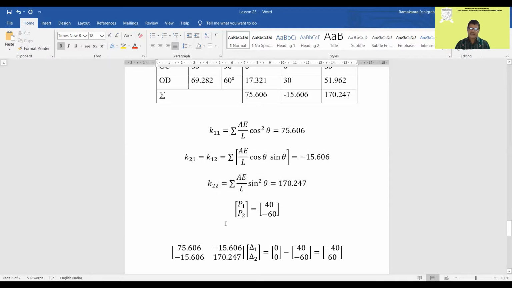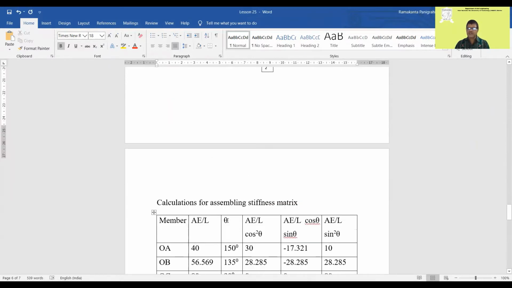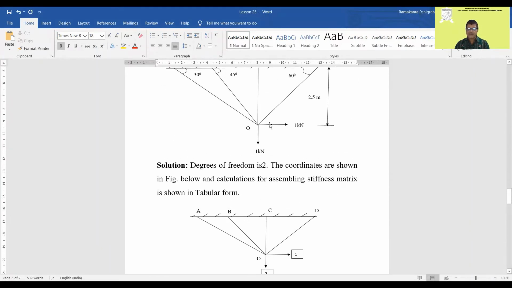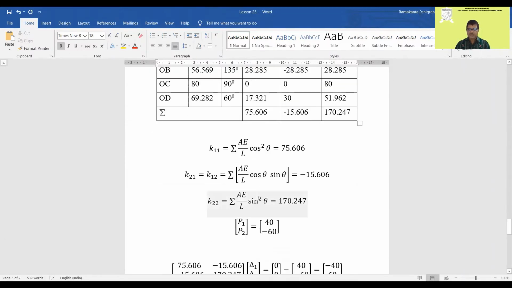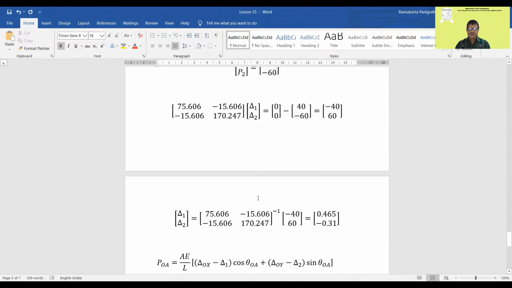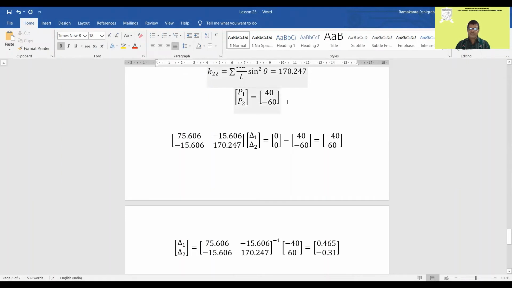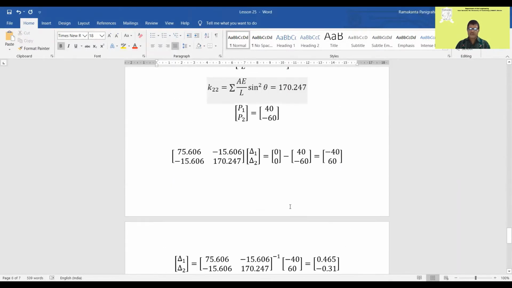And what are P1, P2? The forces applied in the directions. P1 applied in this direction is positive, downward is negative. Sorry, it is given 40 and 60, not minus.